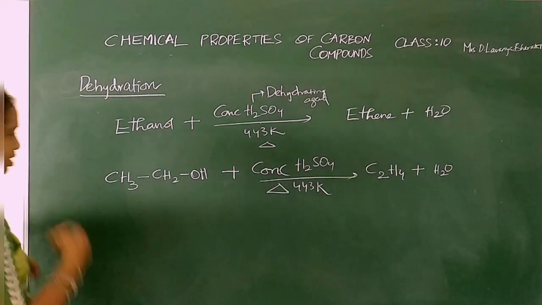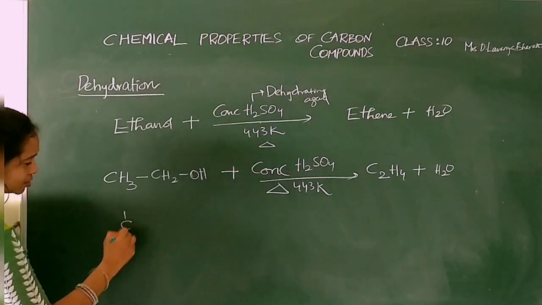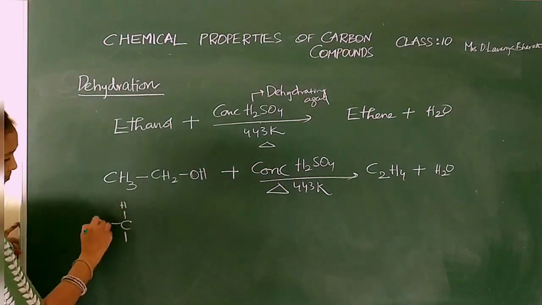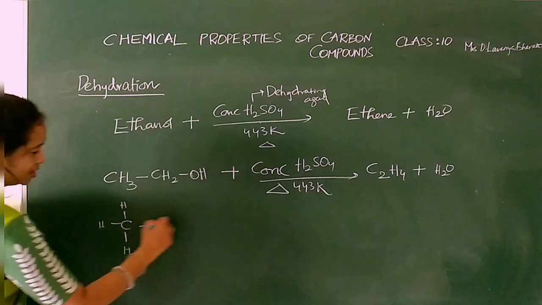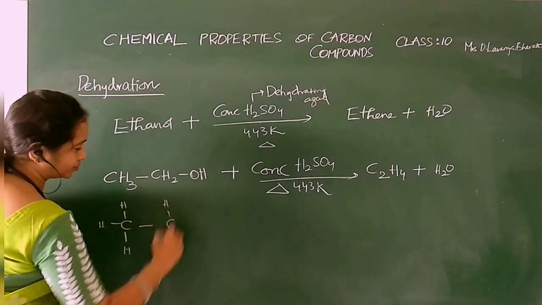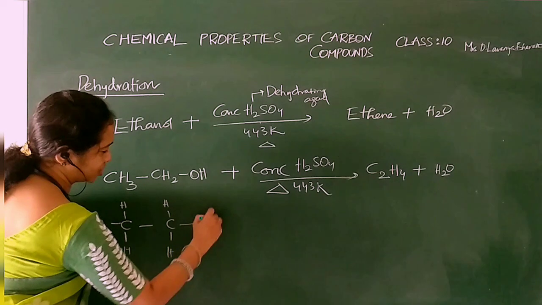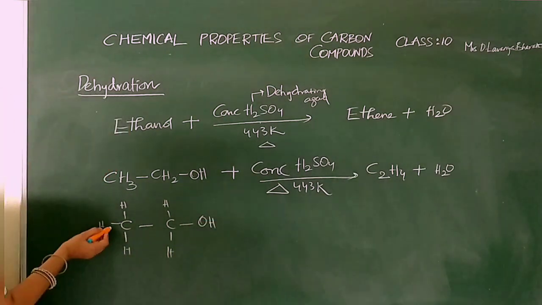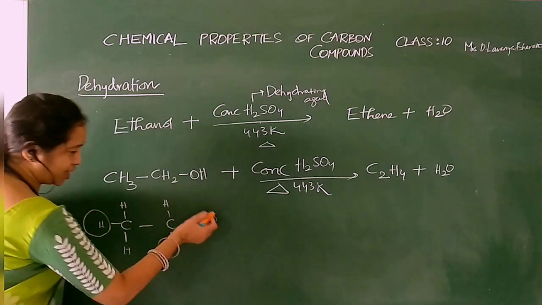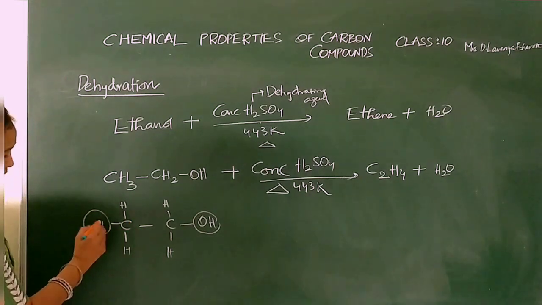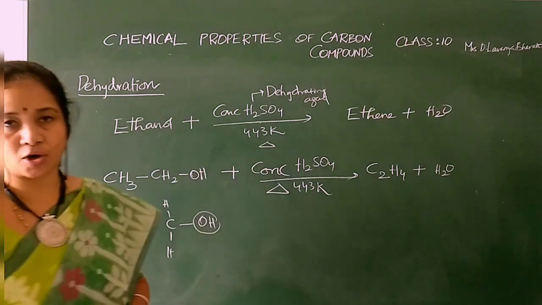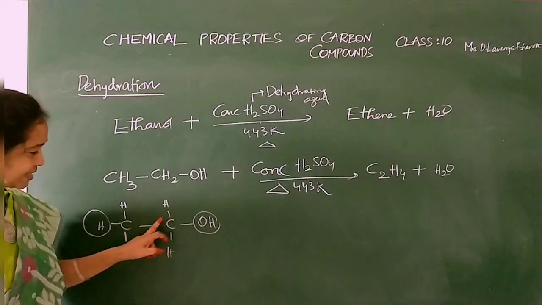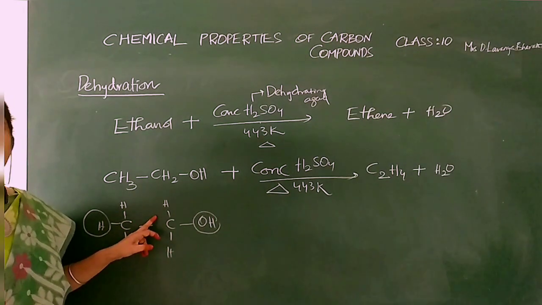And coming to the structure, you can also understand it as CH3, CH2 and OH. Here in this case, remove this hydrogen and remove OH. So H and OH come out in the form of a water molecule, and here unsaturation is formed.